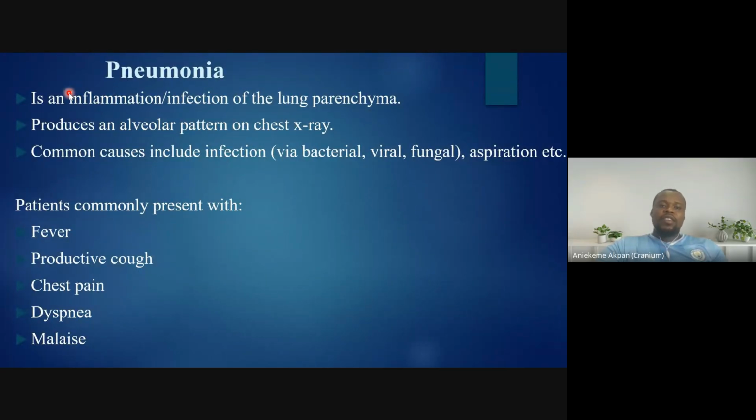Why? Because the lower lobes of the lungs are gravity dependent. We have different types of pneumonia. We have the bronchopneumonia, and we have the aspiration pneumonia. Aspiration pneumonia is when you have a particle that is not supposed to be within the lungs. Even your saliva itself, when it gets to the lungs, can irritate the lungs and cause inflammation, which can lead to pneumonia.